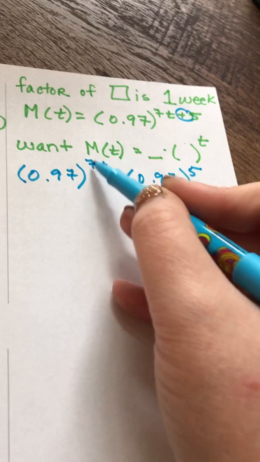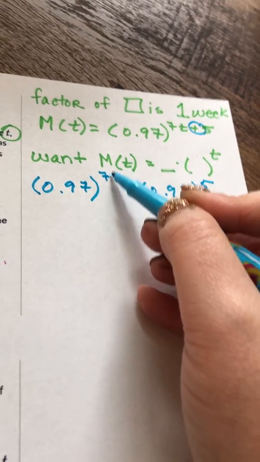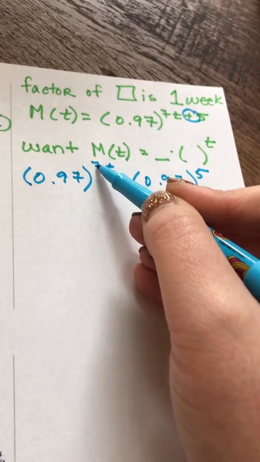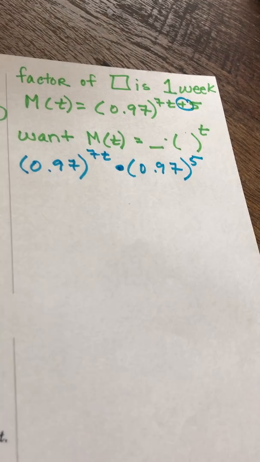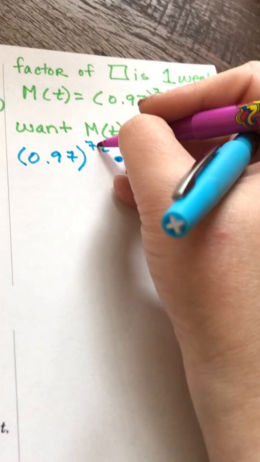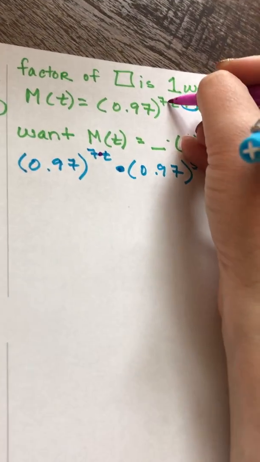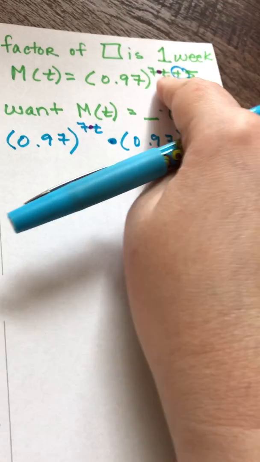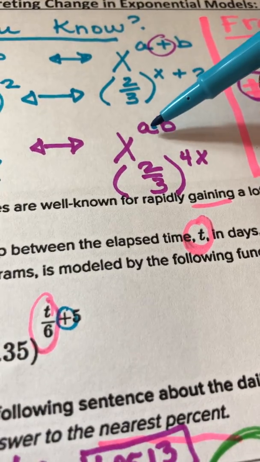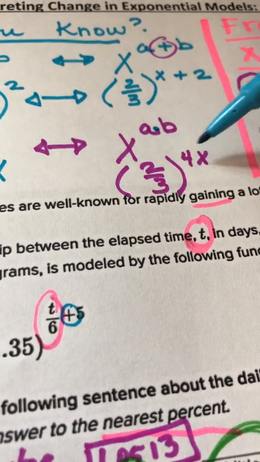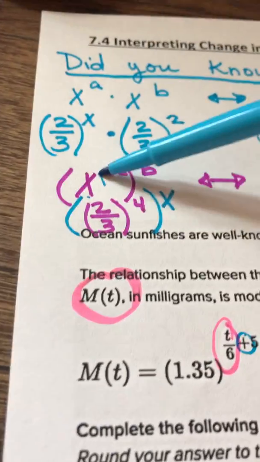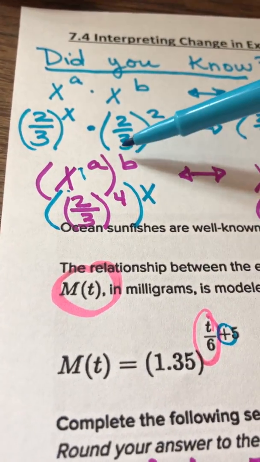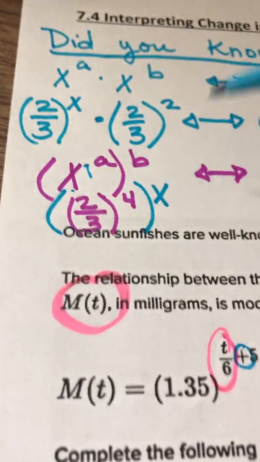But our t still isn't naked. So somehow I want to separate this 7t. Well, that 7 is multiplying. So let's see how we can change up a multiply. A to the b times x, or 2/3 to the 4x, is the same thing as a to the b, to the x, or 2/3 to the 4, to the x.